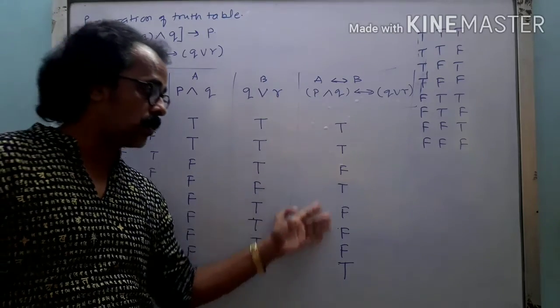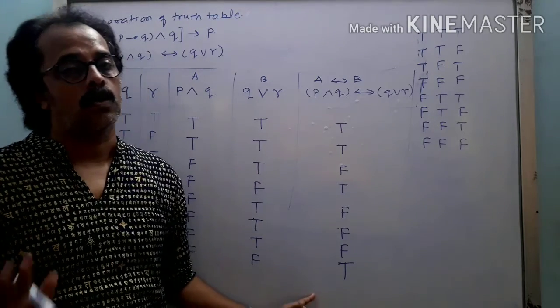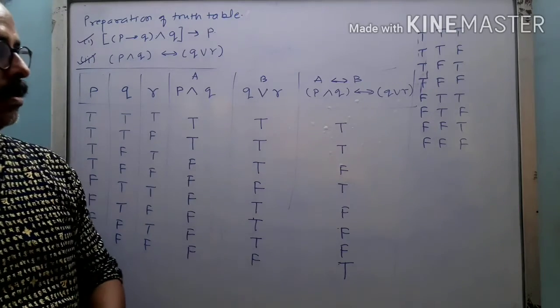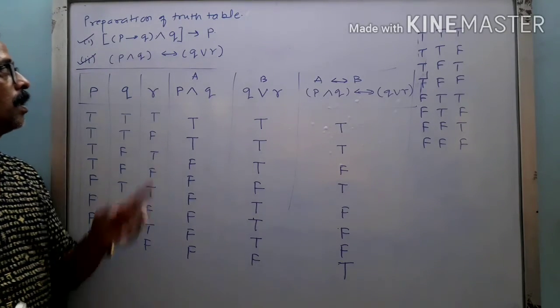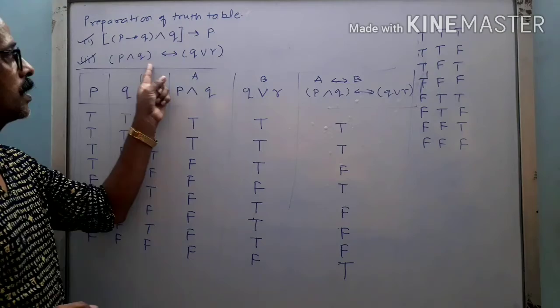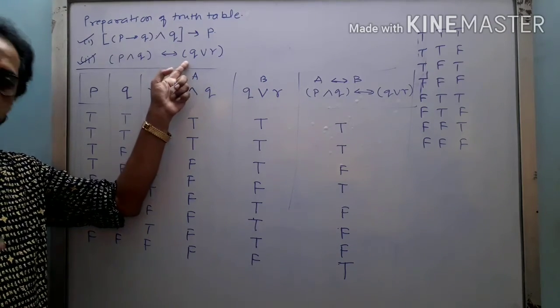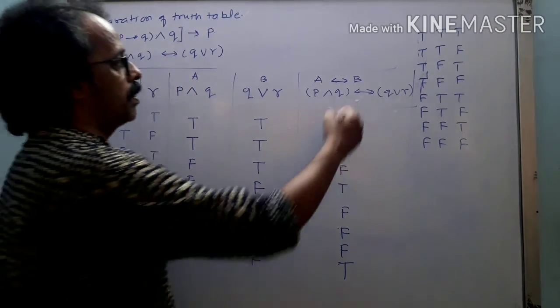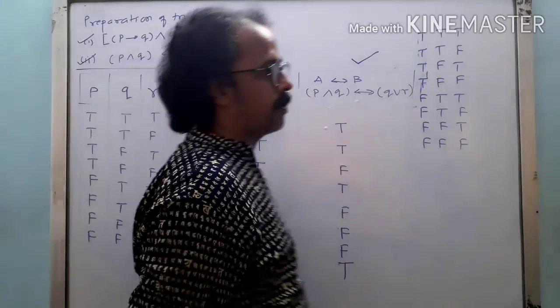And if all are false, then it becomes a contradiction. We'll study that in a coming part of the lecture. Now today I give you the second example, which is from your exercise itself. Try to understand it and then solve it.